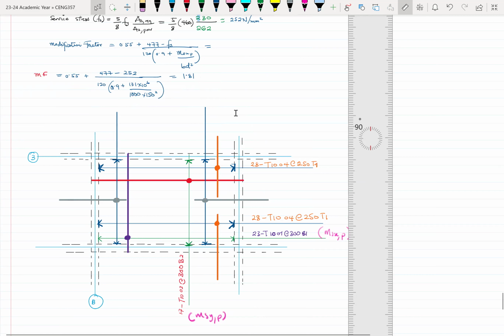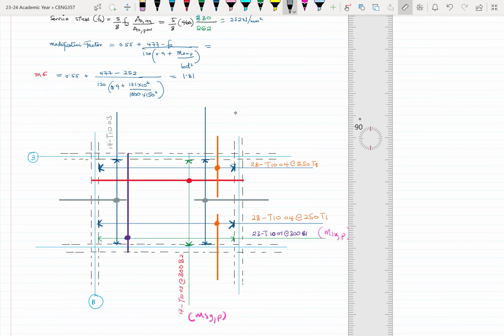Okay. So with this one, it would be T. So this would be, oops, let me reduce the size. So here, this would be T. I think there'll be how many of them? If you do the math, you should get about 17 also. So there'll be 17 T10.